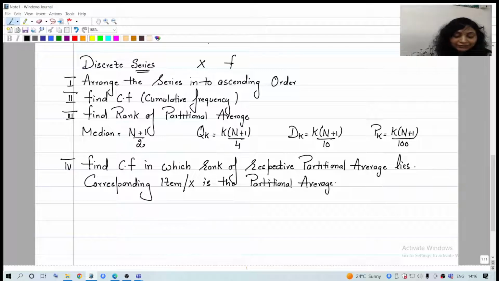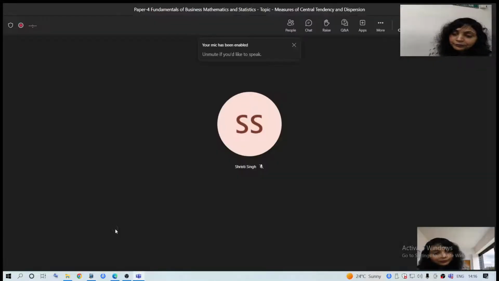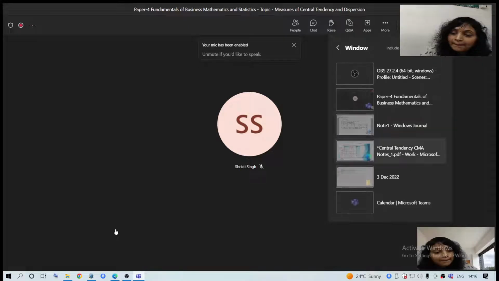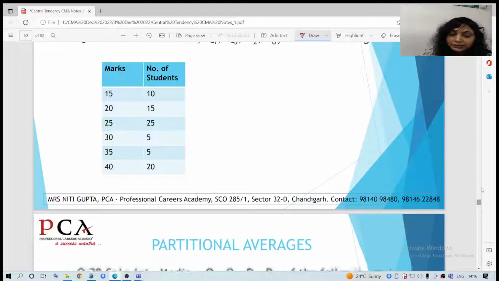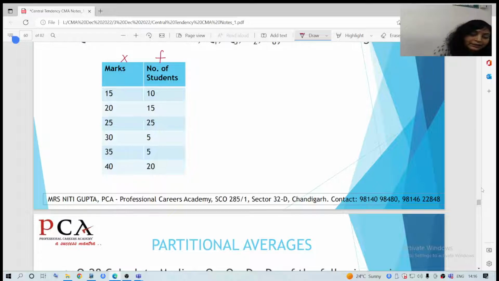Let's have a look how we can solve this question. This is the question. This is your X and this is your frequency. Now this is discrete series. So first step is arrange X in ascending order.